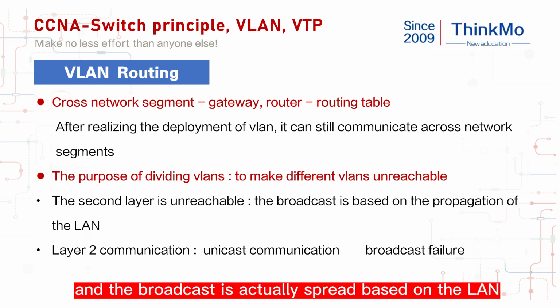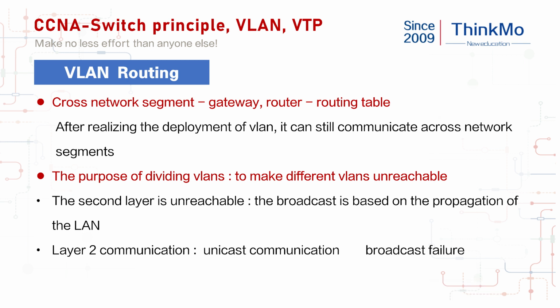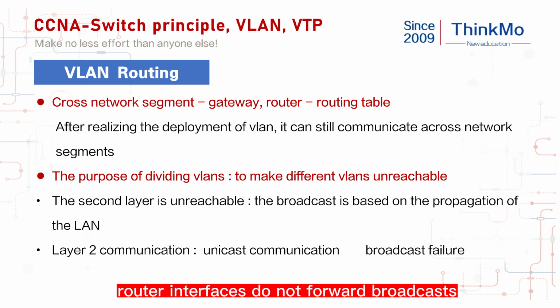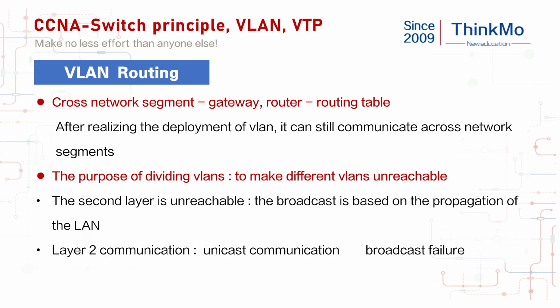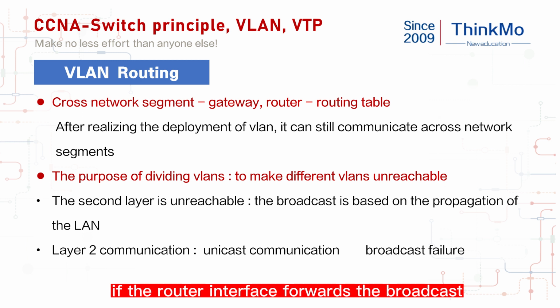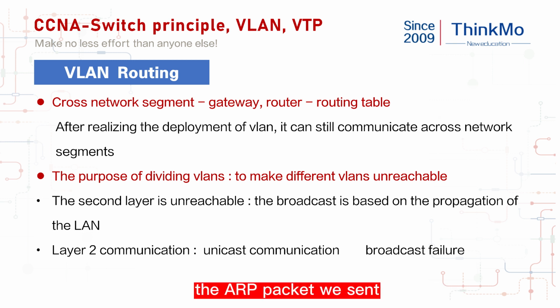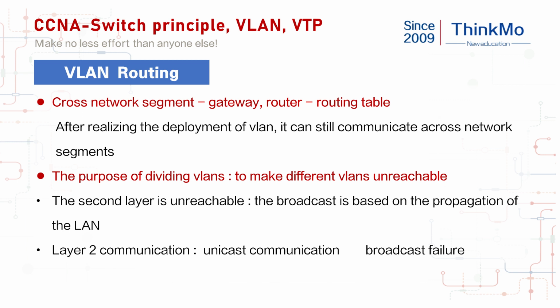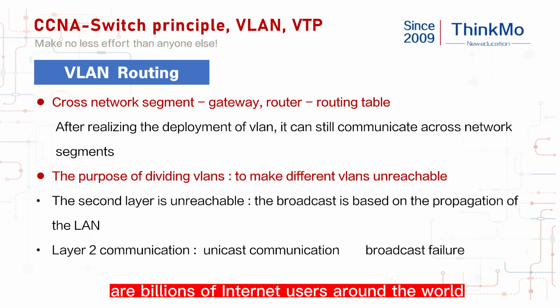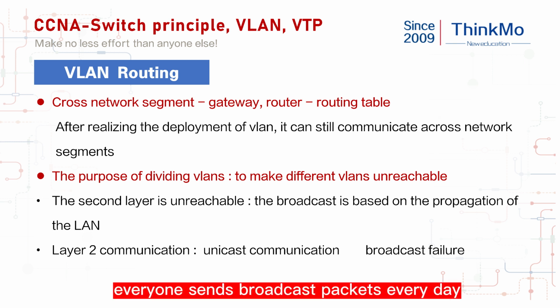And the broadcast is actually spread based on the LAN. Router interfaces do not forward broadcasts. Let me give you an example. If the router interface forwarded broadcasts, the ARP packet we sent would also be forwarded to billions of internet users around the world. Everyone sends broadcast packets every day.